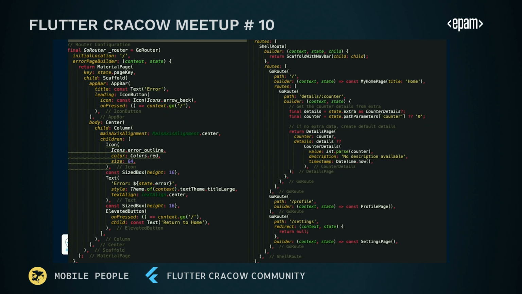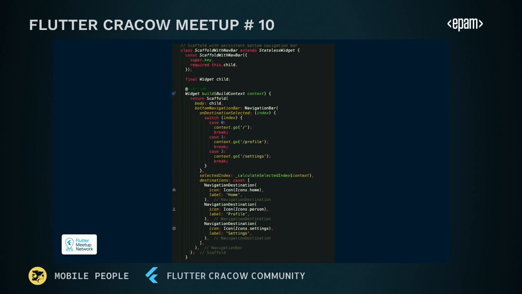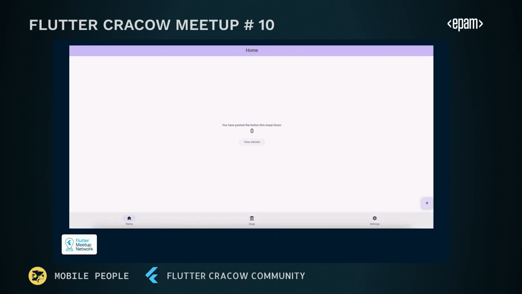And then the actual routes with the pages, and this can be very nested inside of it. This is a very basic scaffold with the widgets where you can switch between the routes with context.go. So we are using it. This is a very simple example of that. On the bottom, this is the shell route.